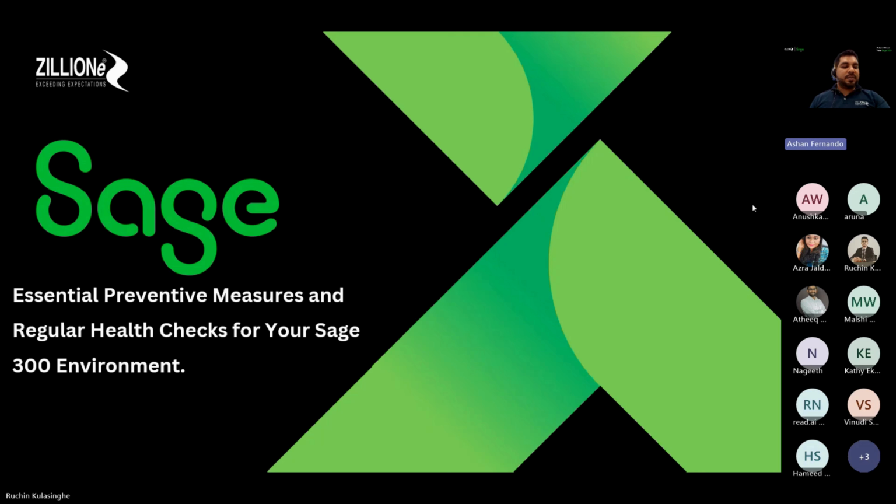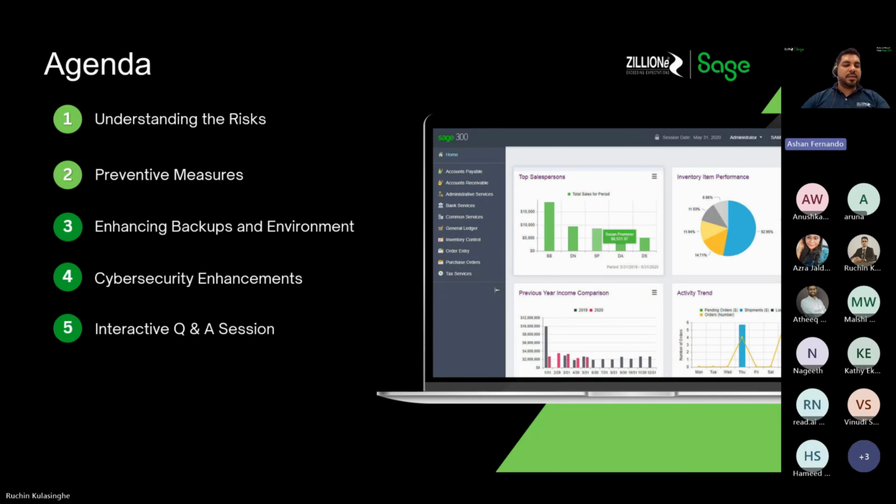As Mustafa mentioned, today's webinar is essentially about preventive measures and regular health checks on your Sage environment. As an agenda, today's session focuses on keeping the Sage 300 environment secure, and we will be understanding the key risks and vulnerabilities that can impact your Sage environment.